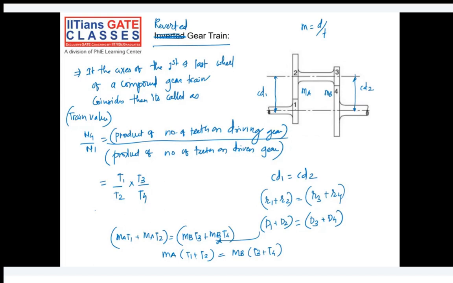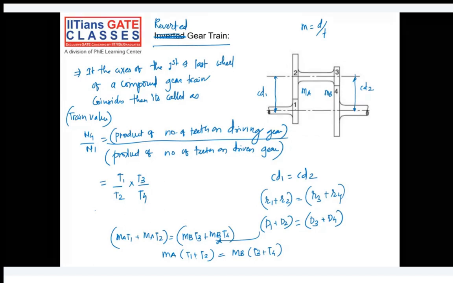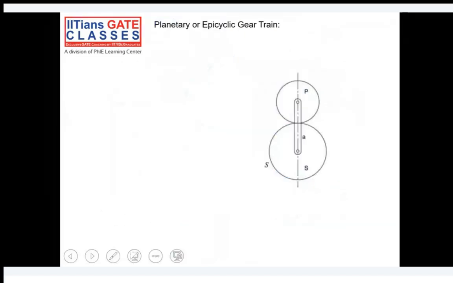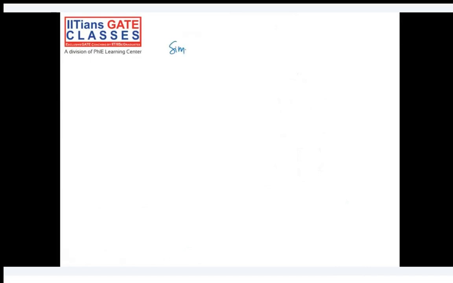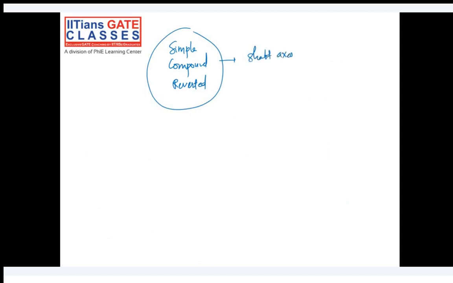The last type of gear train is the planetary gear train. What we have studied so far is simple, compound, and reverted. As I already mentioned, in all these three cases, all the shaft axes are fixed.